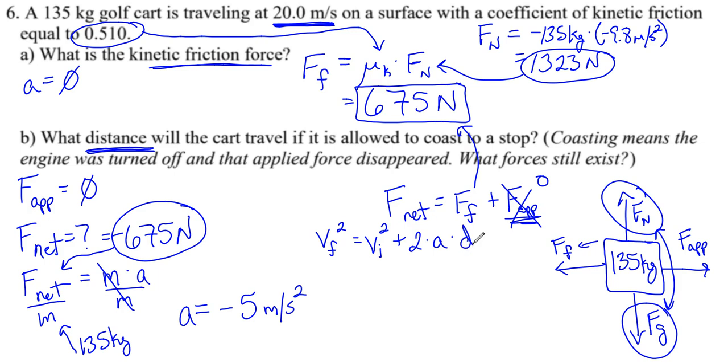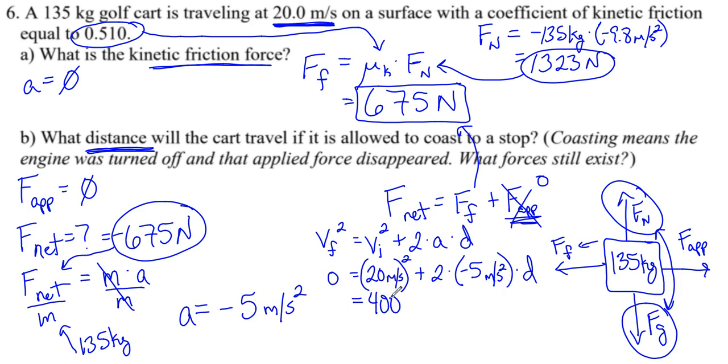We know that the final velocity is going to be 0 because it's coasting to a stop. We know that the initial velocity is 20 meters per second because we were given that. So 20 meters per second, we're going to square that value, plus 2 times our acceleration of negative 5 meters per second squared, times our distance.